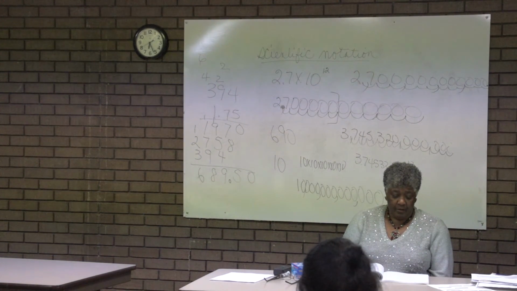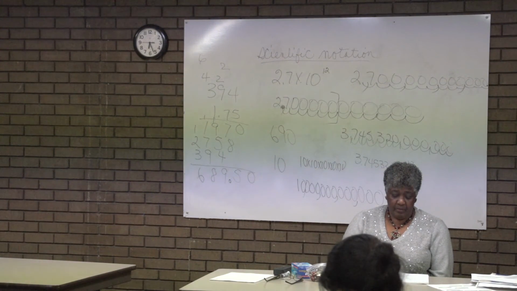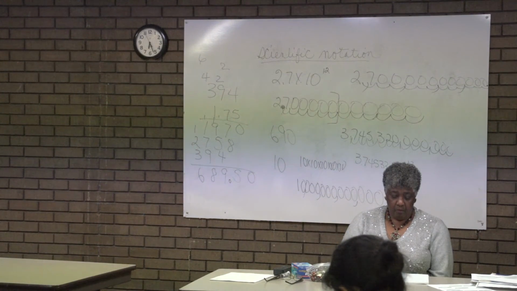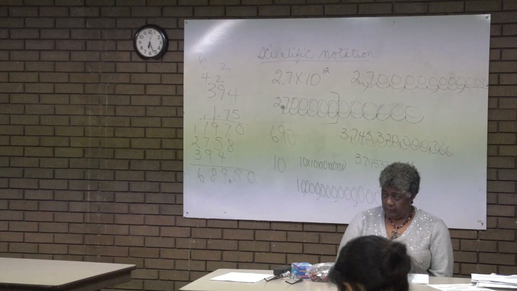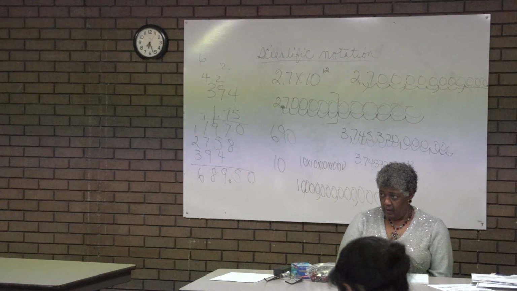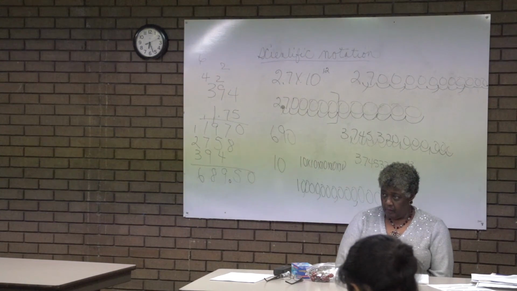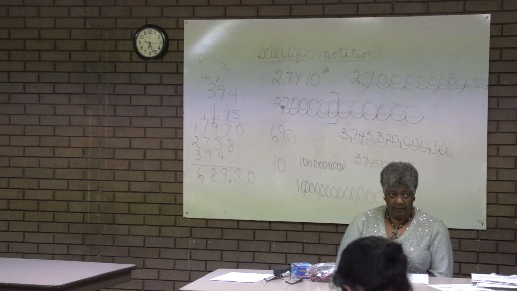Then they want you to write the distance across the sun as a whole number. 8.65 times 10 to the 5th is what? What is that as a whole number?